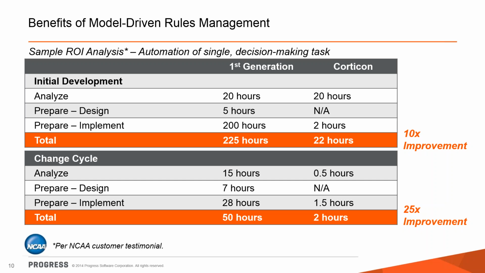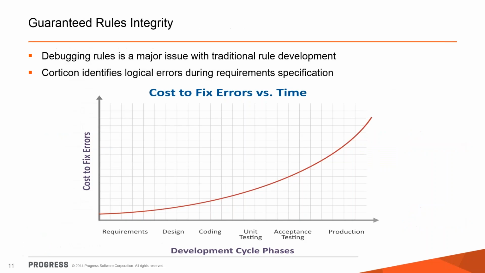And this is real data points from an actual customer that's using Corticon doing an apples-to-apples comparison. So it's an automation of a single decision-making task, and these are big, hard-hitting numbers. Next slide, Mike.